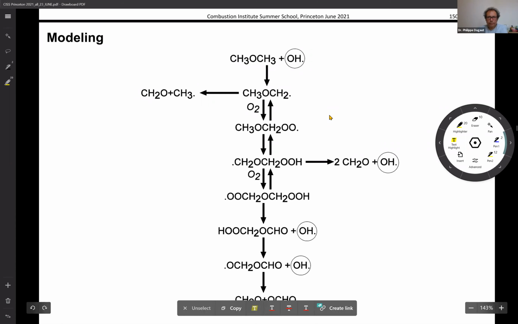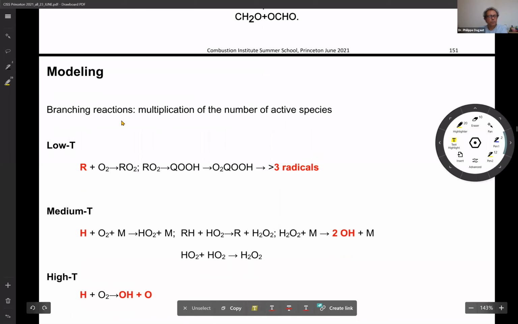So this is similar to what we presented for the other fuel, or for the generic case here. When you are modeling a chemical system, we have branching reactions, which correspond to multiplication of the number of active species.